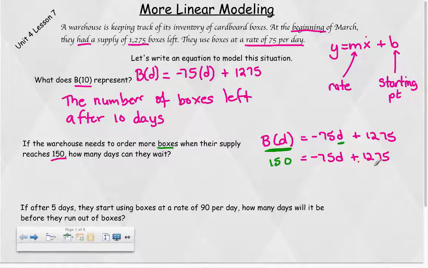I'm going to move this 1,275 over here. So I have to subtract those two. Let's see, that's 5, that's 2, that's 11, and it's going to be negative. I'm going to divide by negative 75.